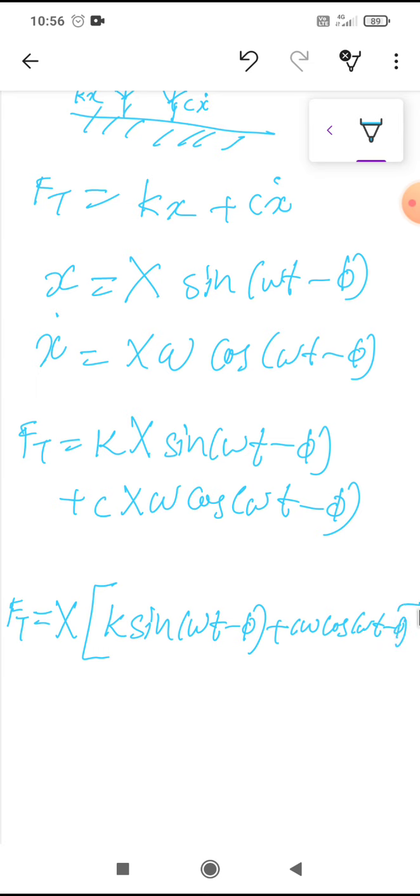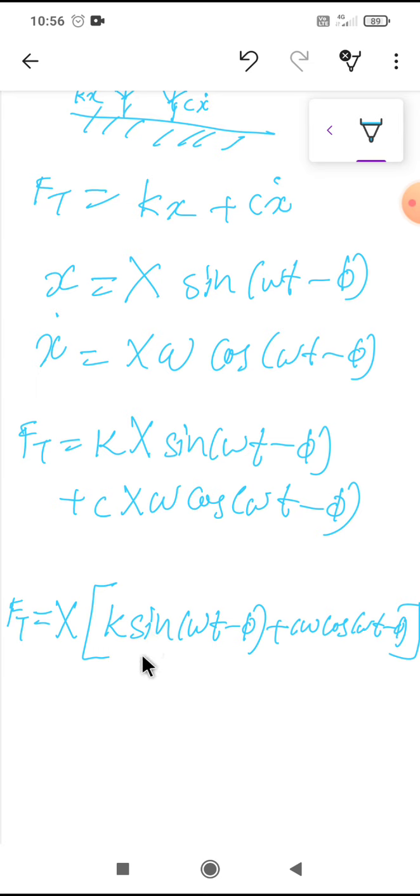Now as you can see, there is a sine and a cos. If I were to make this into the sine alpha plus beta formula, I have to take these constants and express them in terms of sine and cos.